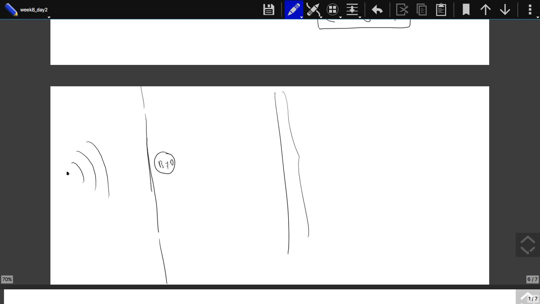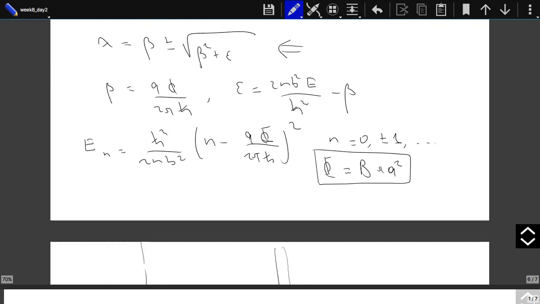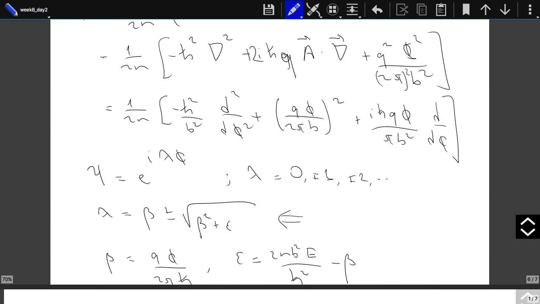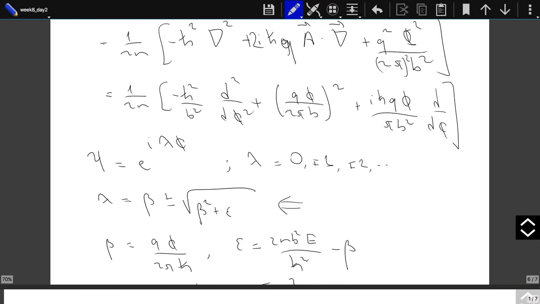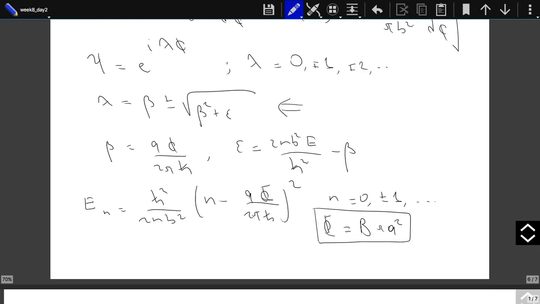Can you just go over it? So the energy levels depend on just the flux, right? Yes. So although the vector potential itself has physical consequences, we still have gauge invariance.